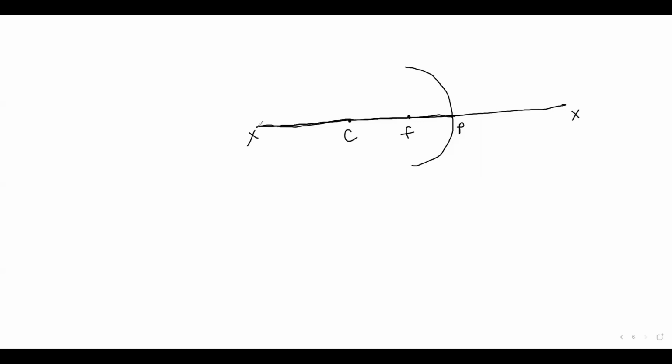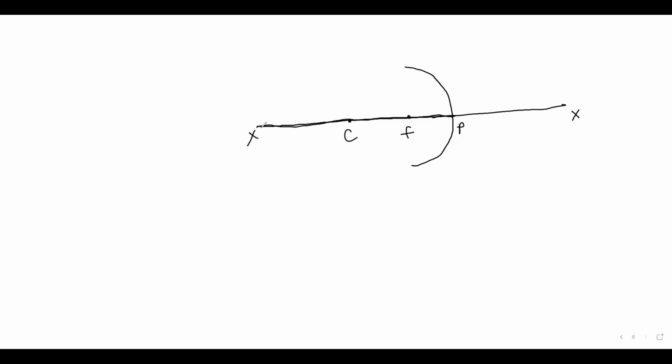Now let us discuss a few important things. For example, this is the principal axis. This is the focus. This is the pole. And this is the center of curvature. For example, if I pass a ray along the principal axis, what happens?